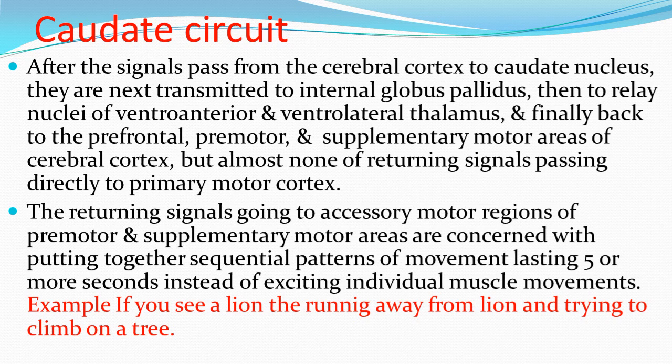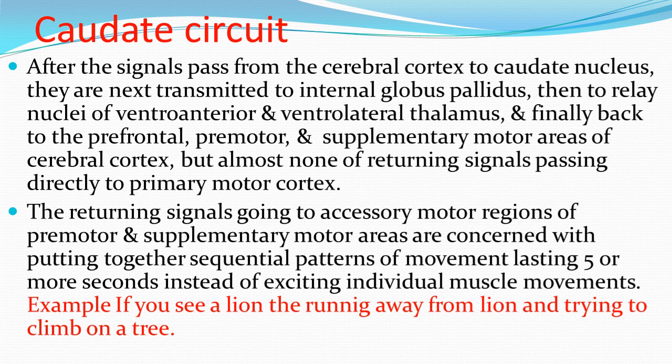The returning signal going to the accessory motor regions of the premotor and supplementary motor areas is concerned with putting together sequential patterns of movement lasting 5 or more seconds, instead of exciting individual muscle movement. It gives sequential patterns of movement.